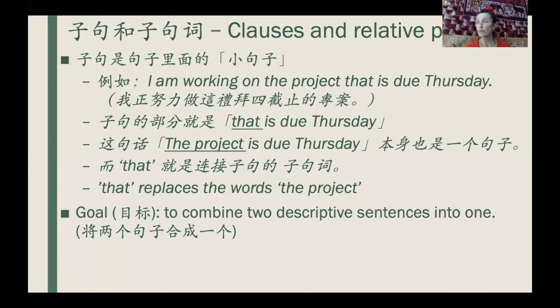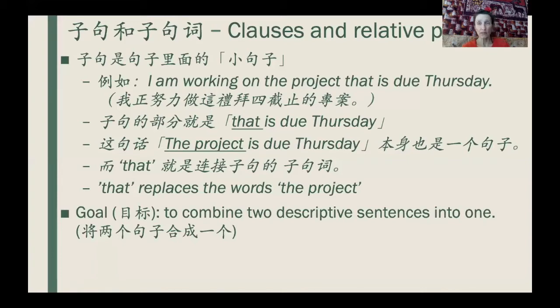So relative pronouns replace the noun in the second, when they join the ideas together. Okay, so the relative pronoun 除代名词. Again, these two examples. The project is due Thursday. It should say the project here. The project is due Thursday. I am working on the project. So you don't say project twice.